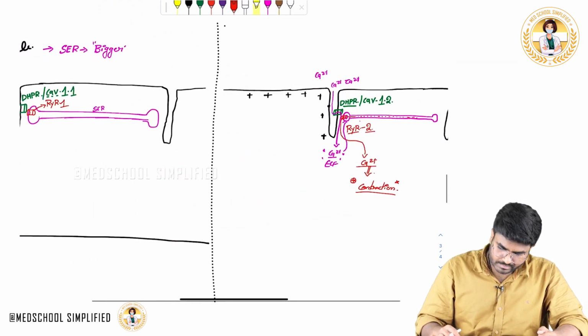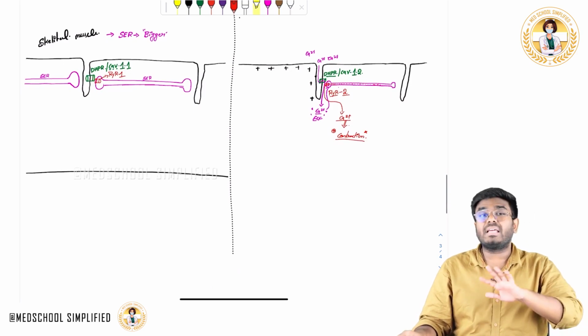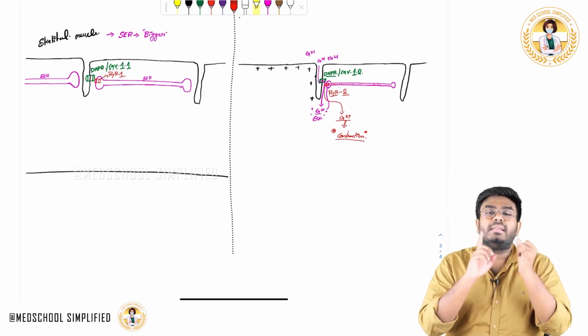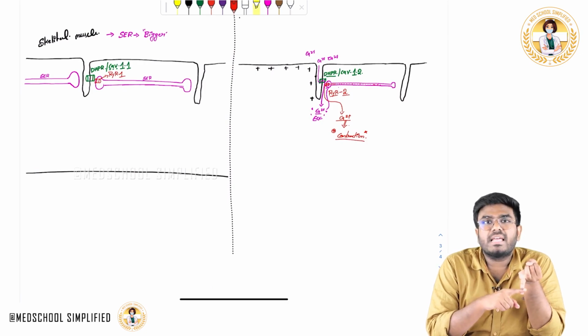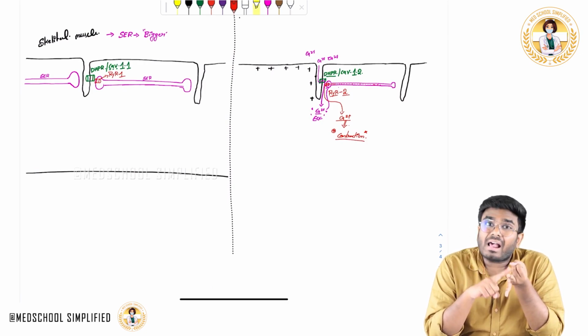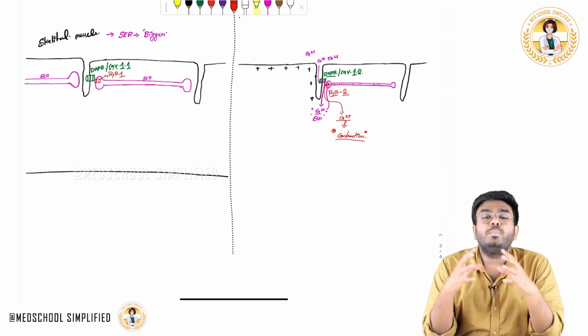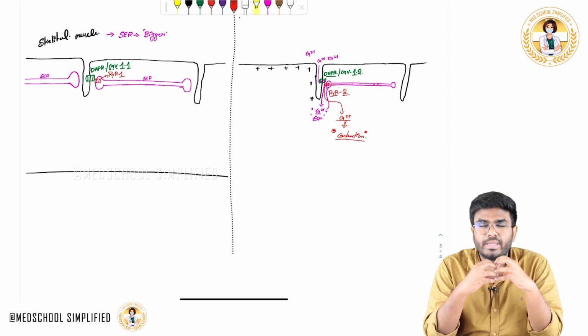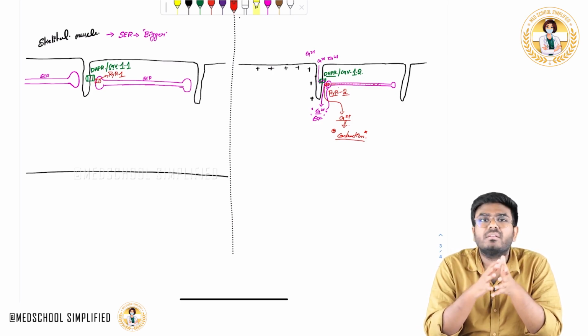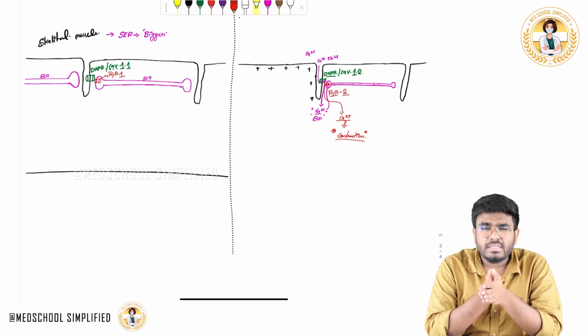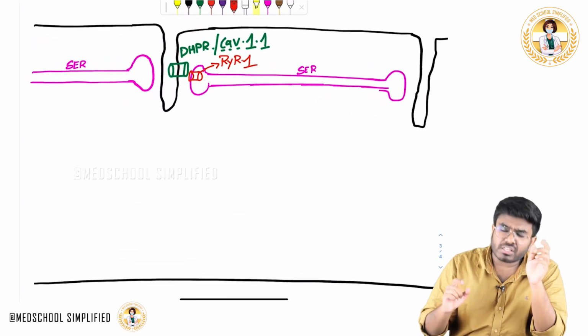I have already shown you the two important anatomical differences. DHPR channels are different, the RYR channels are different, and the T-tubule L-tubule relationship is a little different, and the interaction is also different.